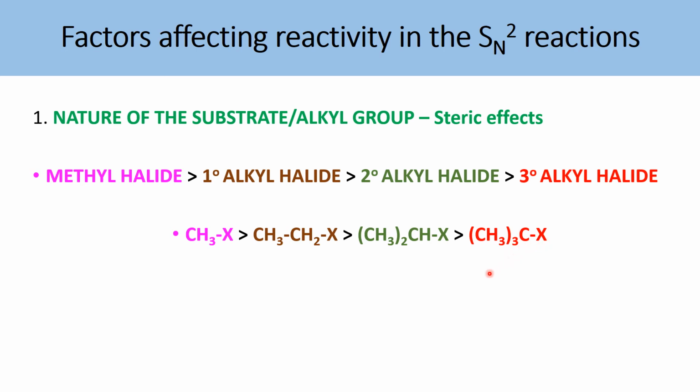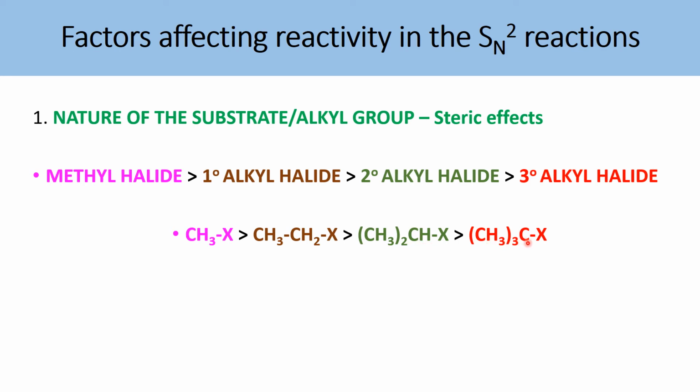Here you can see in this molecule the carbon atom attached to 3 hydrogen atoms. Here the carbon atom is attached to 2 hydrogen atoms and 1 methyl group. In the case of secondary alkyl halide, the carbon atom is attached to 2 methyl groups and 1 hydrogen atom.